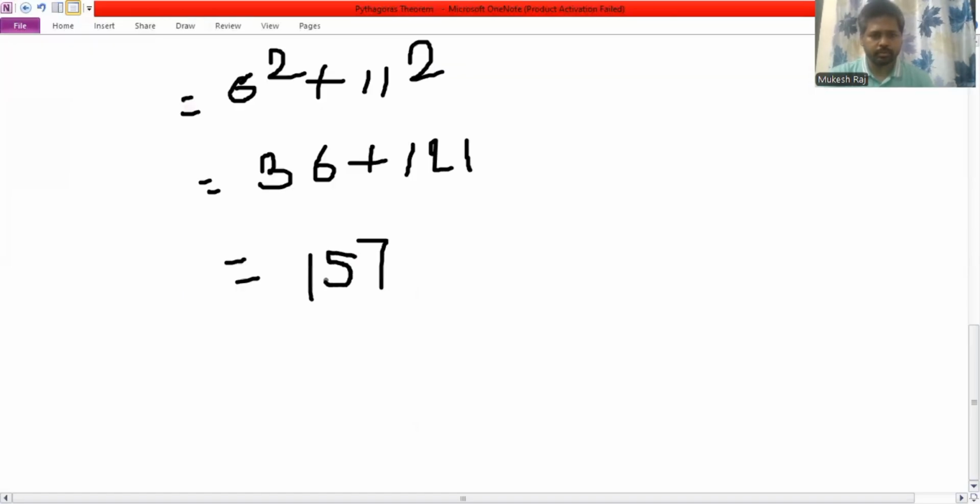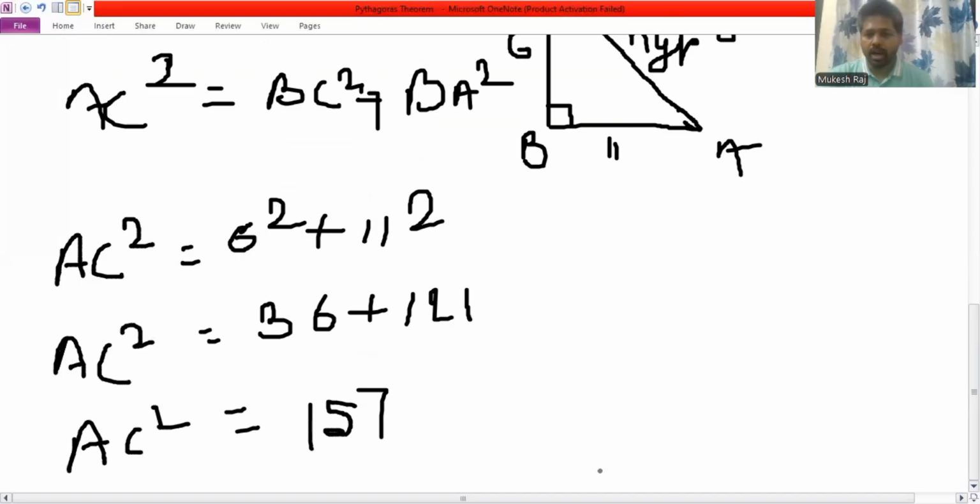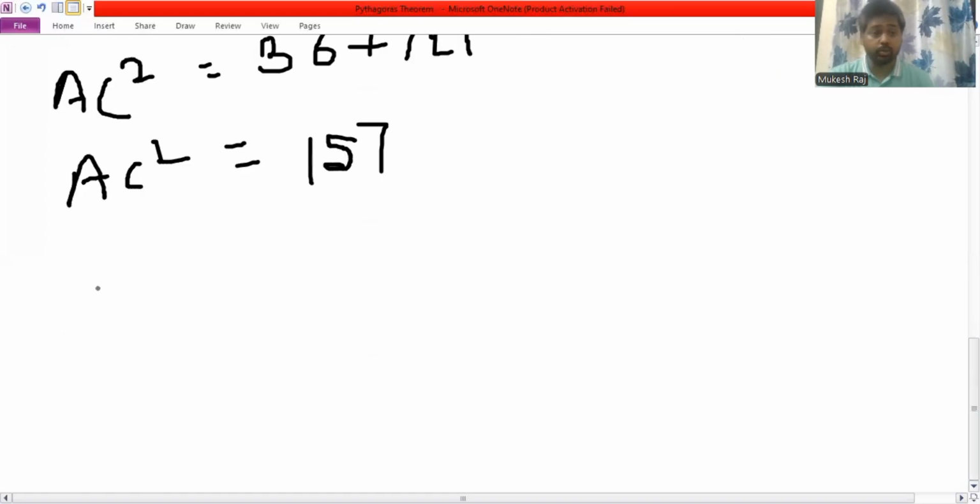So what we have calculated here is the square of AC, but this will not give you the exact length of the hypotenuse. In order to get the exact length, I have to again take the square root.